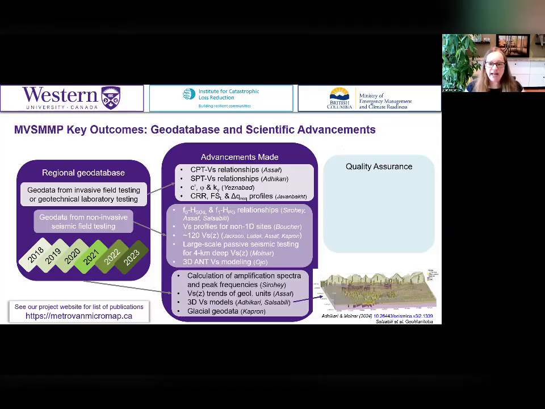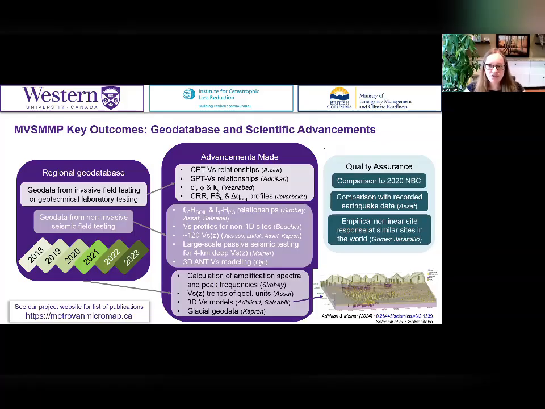We had to build these relationships from our geodatabase and ultimately develop a detailed picture of the subsurface ground conditions, or essentially a three-dimensional structural or velocity model for the region.